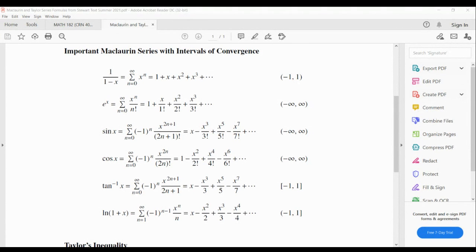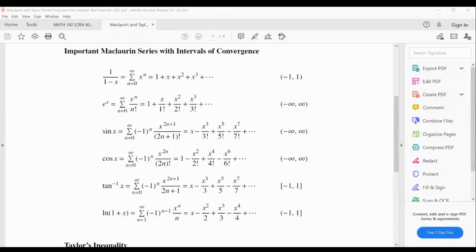If you have a radius of convergence that equals infinity, then your interval of convergence is all x values. But for the other series that have an interval of convergence that is restricted between two finite values, I think the interval of convergence is better to have.